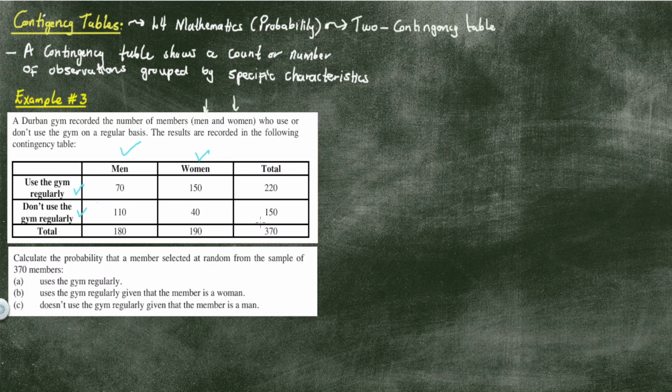What about women? 190. And then how many people don't use the gym regularly? 150. These questions are obvious, but you just need to understand what is actually happening with your table.